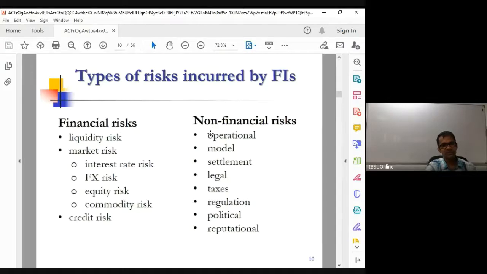A few years back, it was mainly focused on operational risk. What is operational risk? It may be a human error or system error, or the failure to follow the procedures, or lack of procedures.